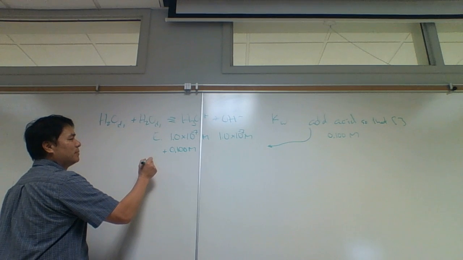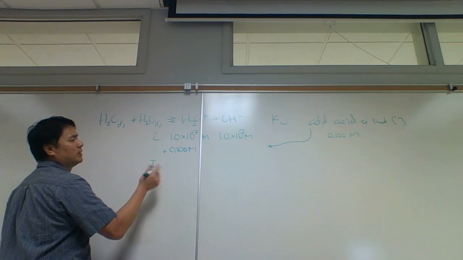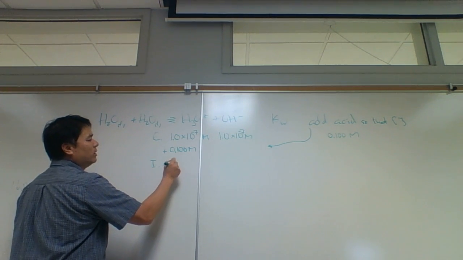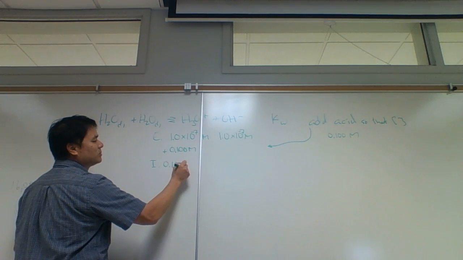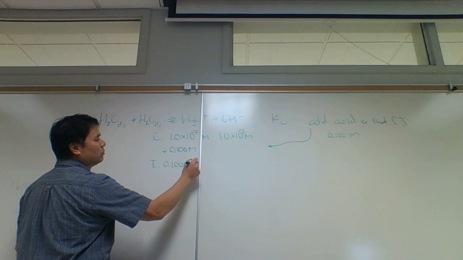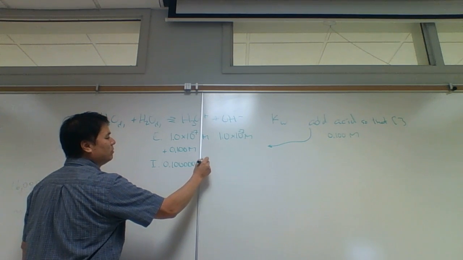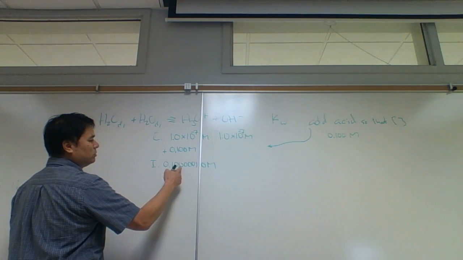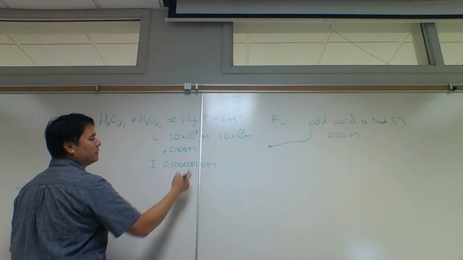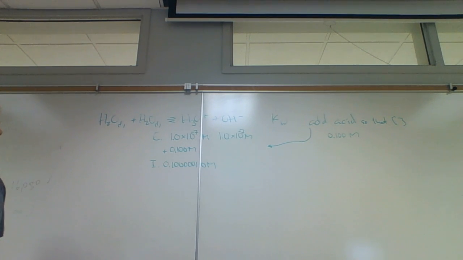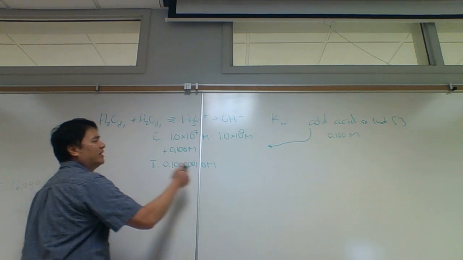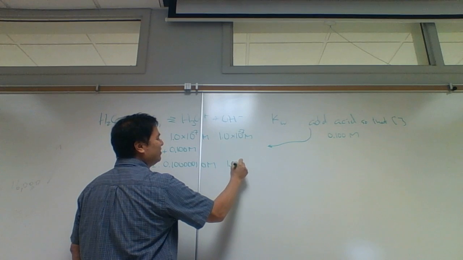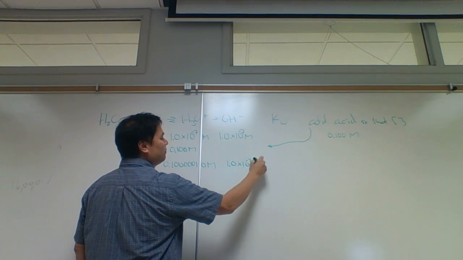It screws things up, and so now we're at non-equilibrium conditions, which would be 0.100. And so I need 6 decimals, so 0.1000000 molar. And so I perturbed the hydronium, and then the hydroxide here is 1.0 times 10 to the minus 7 molar, like this.